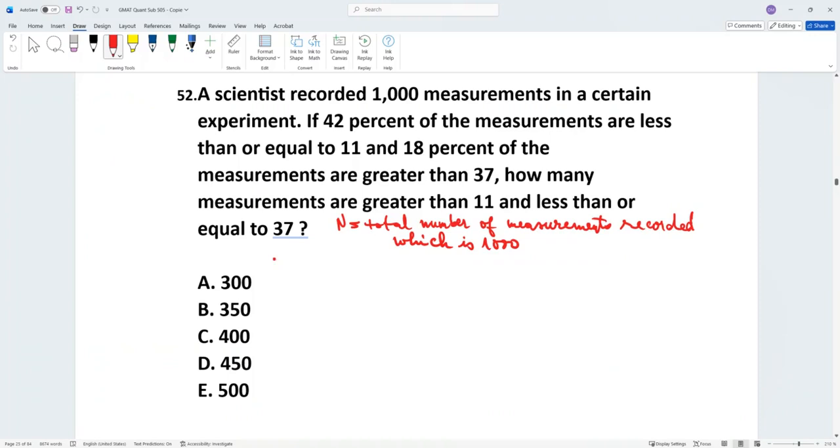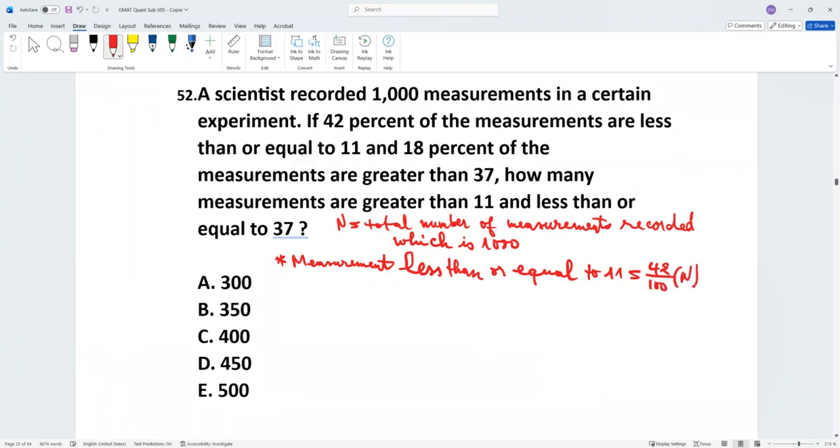$1,000. Okay. Now it says the measurement that is less than or equal to 11 is 42%, so 42% of the total number of measurements.